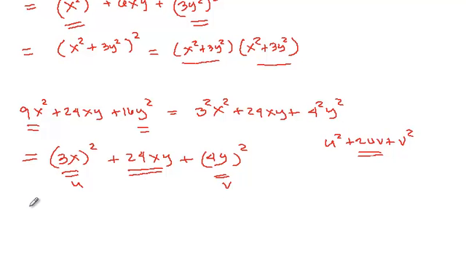So this is a perfect square trinomial. And the factor of this will be u plus v times u plus v, or u plus v squared. So we'll have u as 3x, and v as 4y. That easy. Of course, you can check if that is equal to the original. But that's how we do it. It's as simple as that. Thank you.